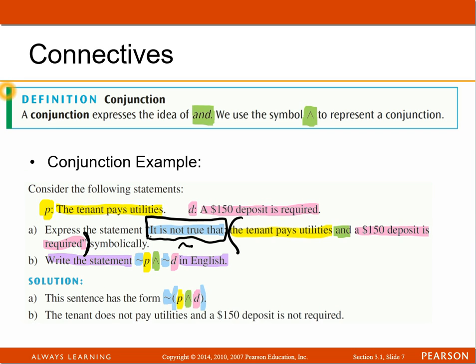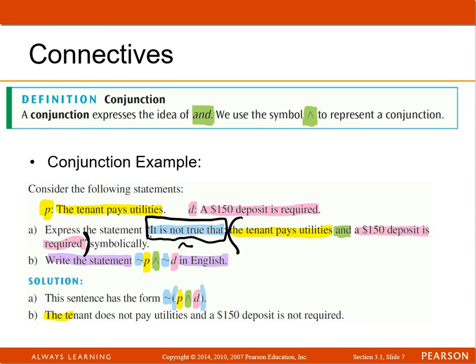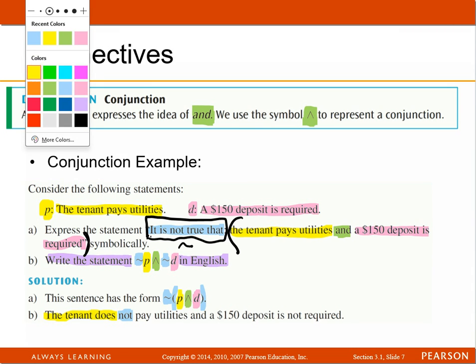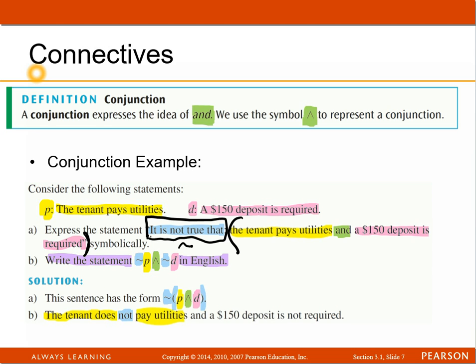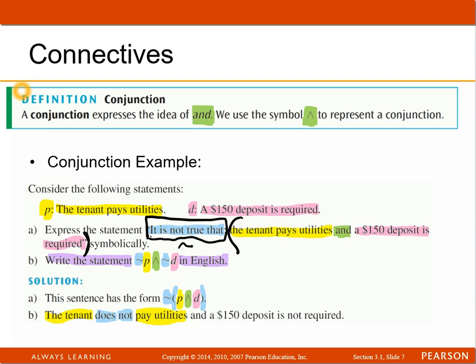Okay, so I'm basically saying the negation of P. P is the tenant pays utilities. So you would say in English, the tenant does not pay utilities. Sorry about that. Because it was the tenant pays utilities, so the tenant does not pay utilities.